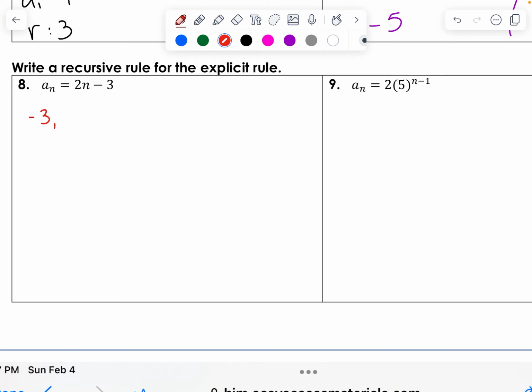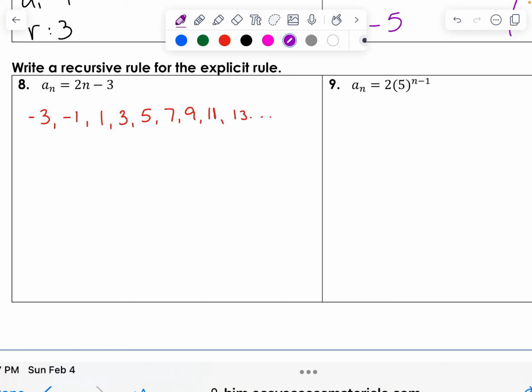And then 1. Well, 2 times 1 is 2, minus 3 is negative 1. And then 2 times 2 is 4, minus 3 is 1. So if I keep plugging in numbers for n, this is the sequence that I would get. And what you notice is that you get an arithmetic sequence.